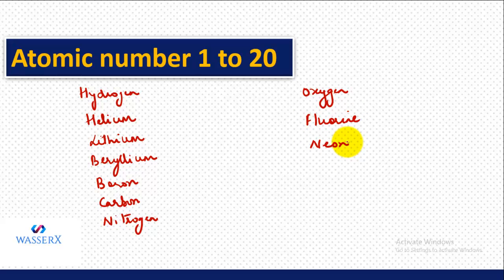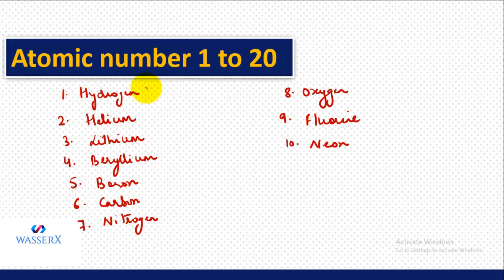So here I have written the atomic numbers 1 to 10. So I'll just write them so that it is easier for you to remember. 4 is beryllium, 5 boron, 6 carbon, 7 nitrogen, 8 is oxygen, 9 is fluorine and 10 is neon.